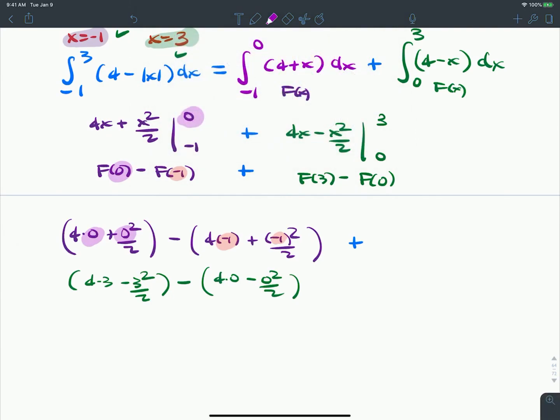Because again, we have the upper limit of 3, which goes here and here, and the lower limit of 0, which goes here and here. Okay.